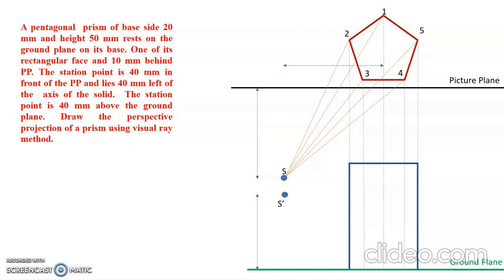So station point 1 and station point 2 are kept 10 mm apart. From this station point the ground plane will be 40 mm below. They said the station point is 40 mm above. So first we fix the station point and then with respect to the station point, 40 mm below, we draw the ground plane.